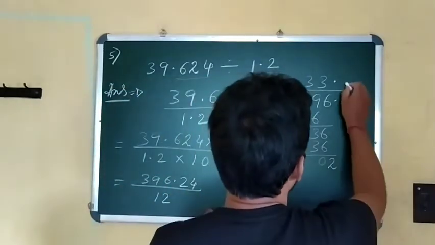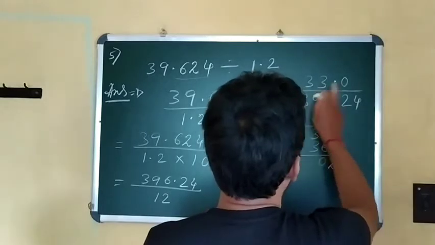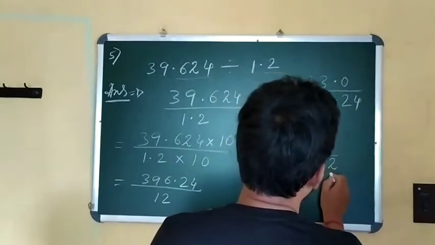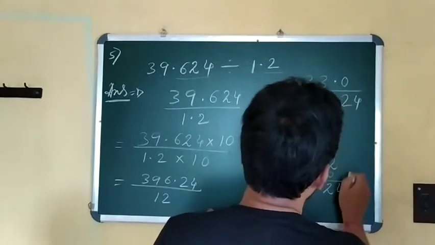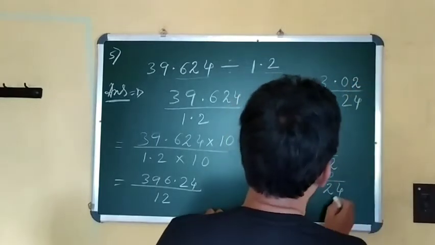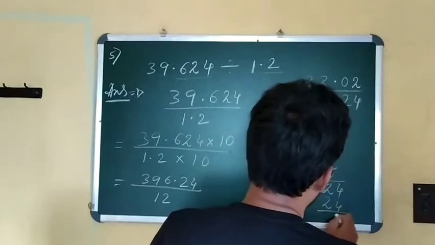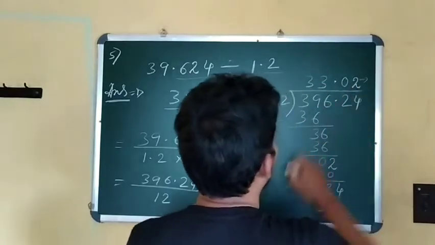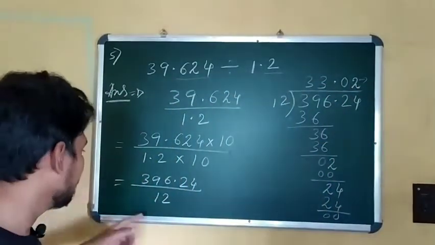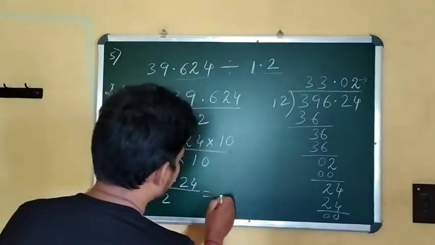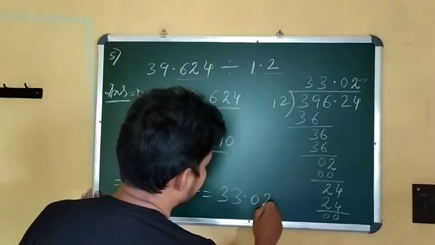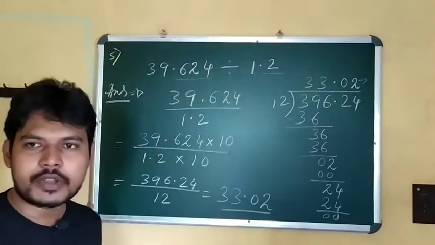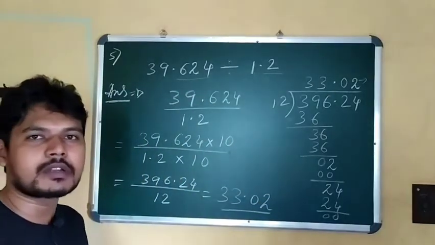Then you multiply this 12 by 0, then you get 0 0, then 2, 4 comes down, then 24. So that is our answer, 33.02. So when we divide this, we get the answer 33.02. Okay students, I think all of you understood this.